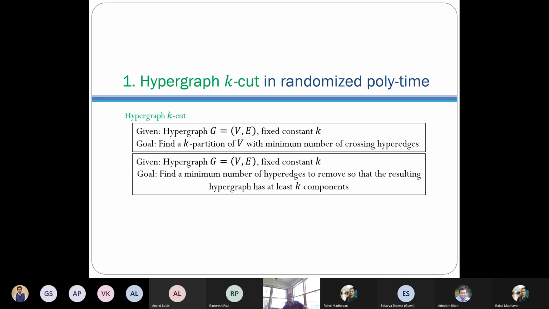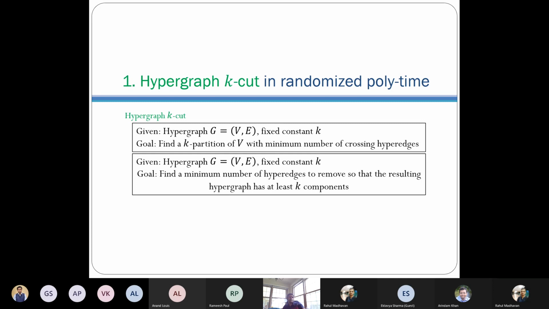Whenever you find a K partition with minimum number of crossing hyperedges, you remove those crossing hyperedges, then the remaining hypergraph will have at least K components. It is helpful to think about it as a deletion problem. That is, find a minimum number of hyperedges to delete so that the remaining hypergraph has at least K components.